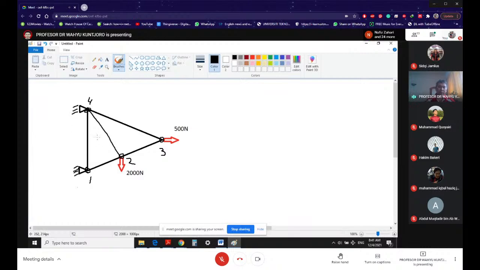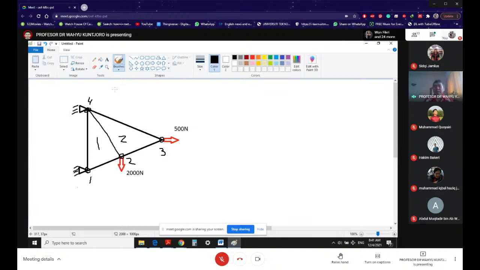So for the first triangle, you have nodes 1, 2, and 4. And for the second triangle, you have nodes 2, 3, and 4. It means that you have specified a triangle complete with nodes at the corner. That means yes, our finite element model is sufficient.